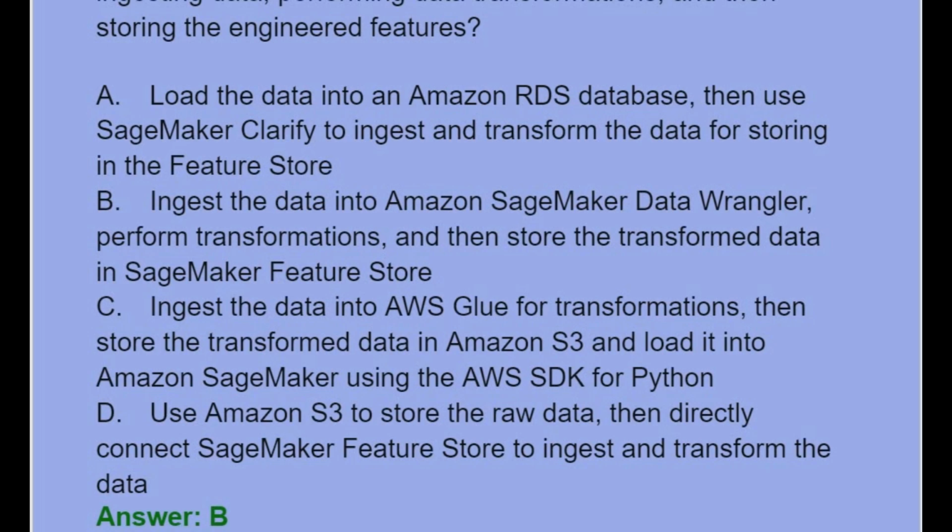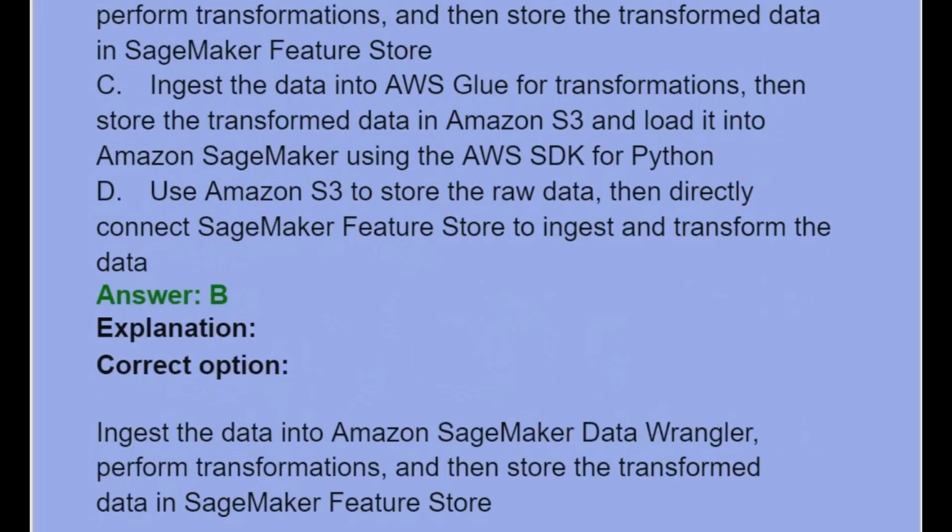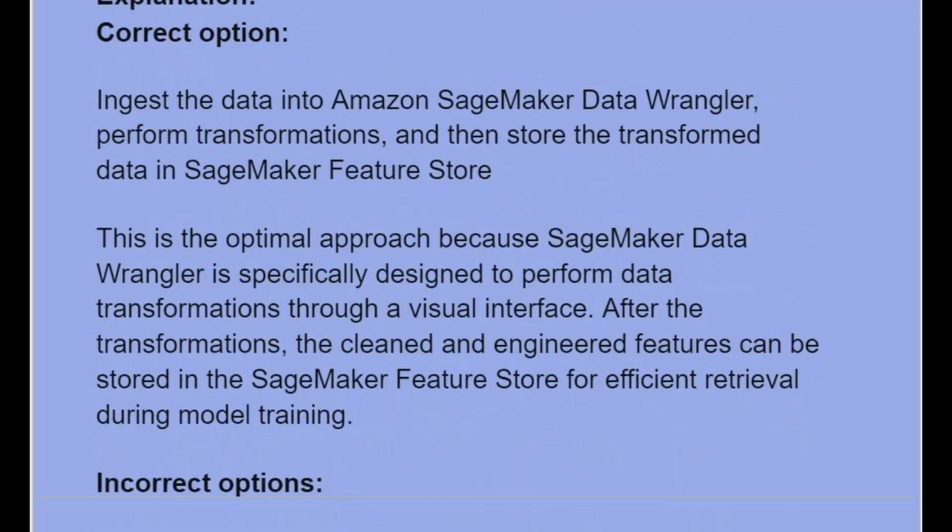Option C, ingest the data into AWS Glue for transformations, then store the transformed data in Amazon S3 and load it into Amazon SageMaker using the AWS SDK for Python. Option D, use Amazon S3 to store the raw data, then directly connect SageMaker Feature Store to ingest and transform the data. Correct answer is option B.